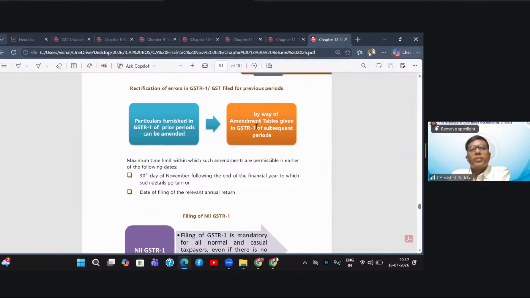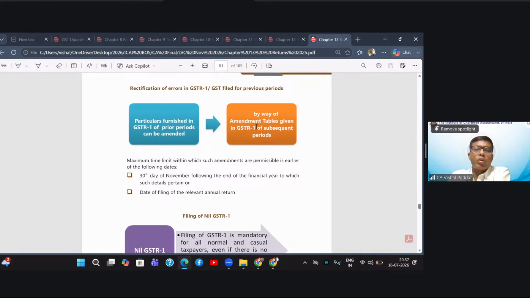So one, if you have missed out some supplies in the previous month's GSTR1, uploaded in the future month's GSTR1, or where the supply is already made, but some changes have to be done, that you can do by using the amendment table of the next tax period.